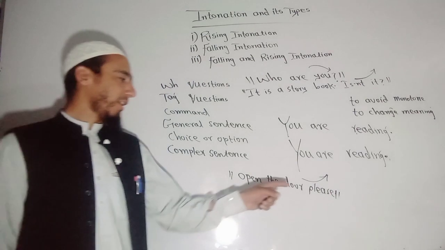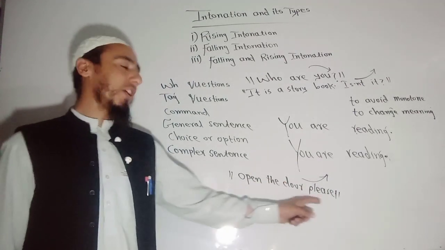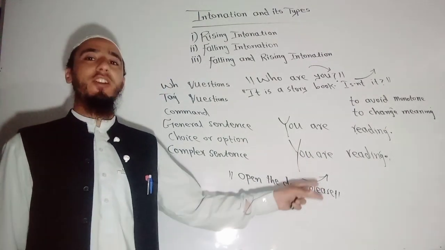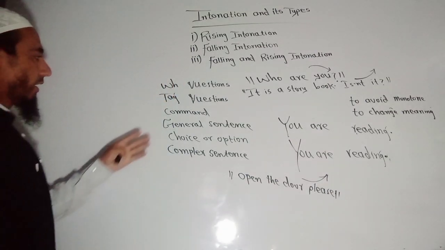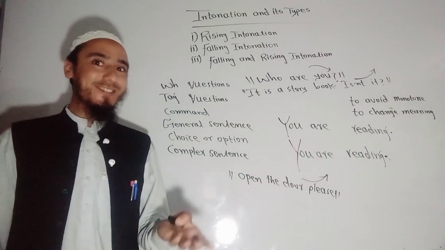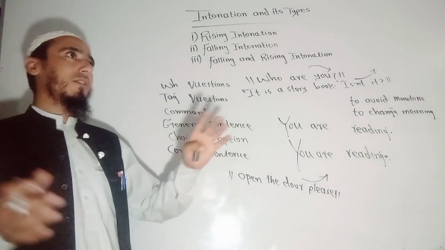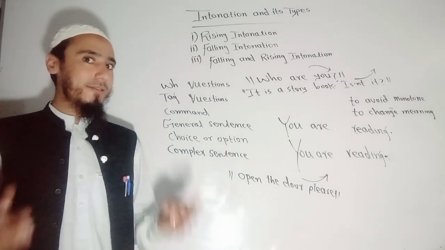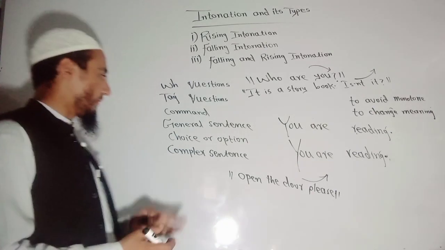I'm repeating: in the sentence which is making a request, there is a rising intonation. Open the door, please. Okay. If you are talking about a general sentence, for example, he lives in Peshawar, and the earth revolves around the sun, then there is falling intonation.